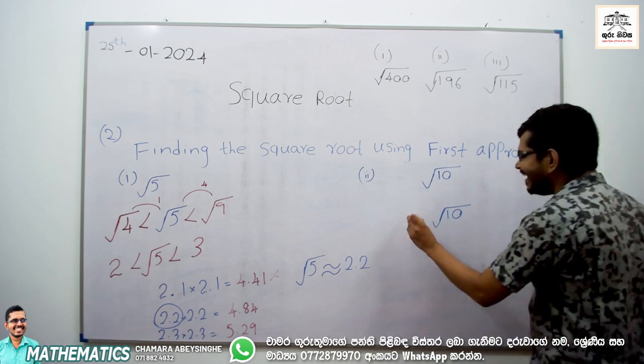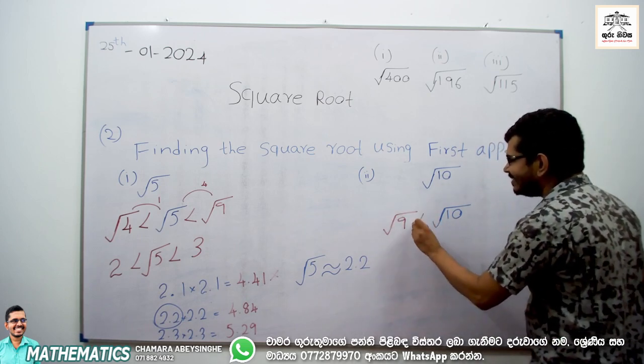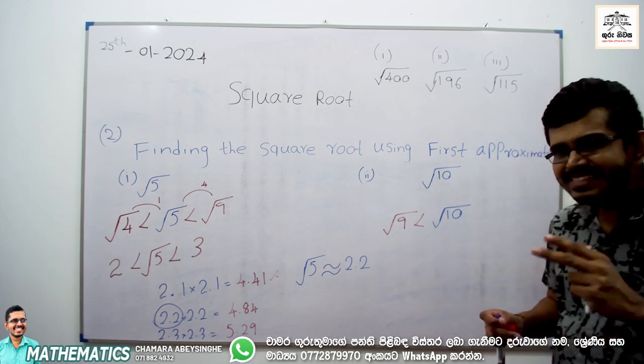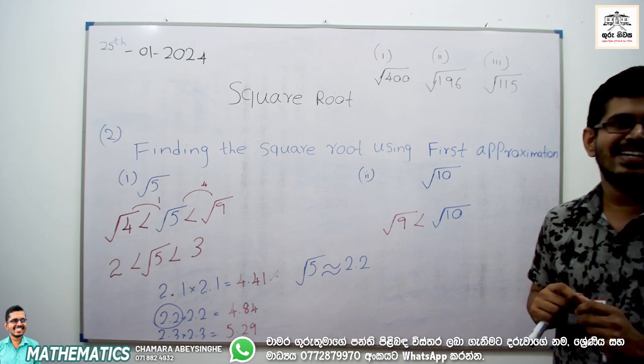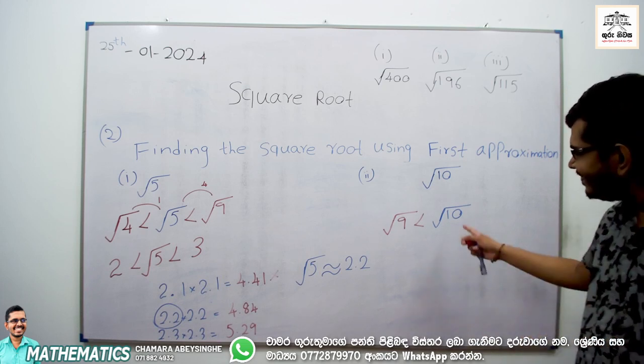Very good. 9 is the nearest perfect square less than 10. And the greatest nearest number of the square root of 10?